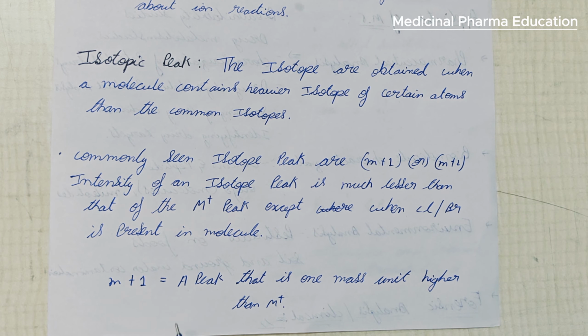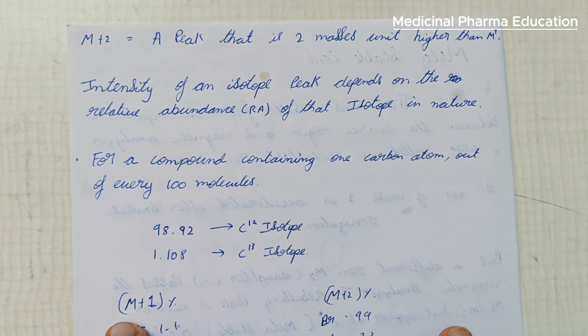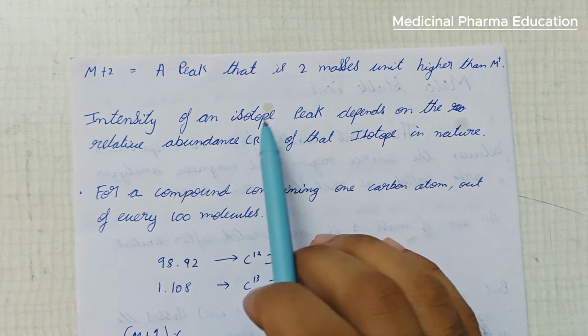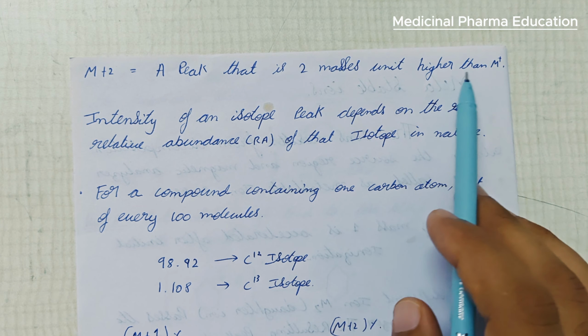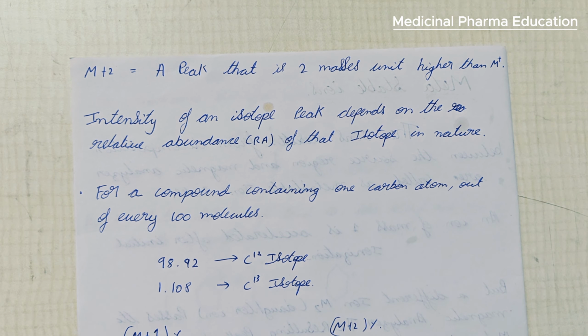M plus 1 is a peak that is 1 mass unit higher than M plus. M plus 2 is a peak that is 2 mass units higher than M plus. Here the mass is increasing relative to the charge.